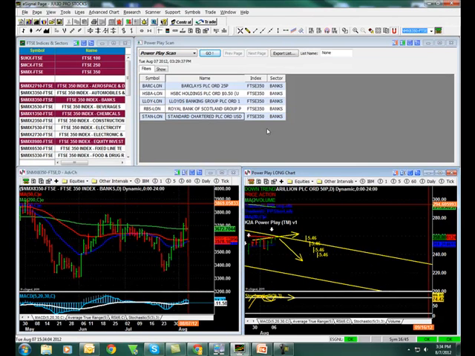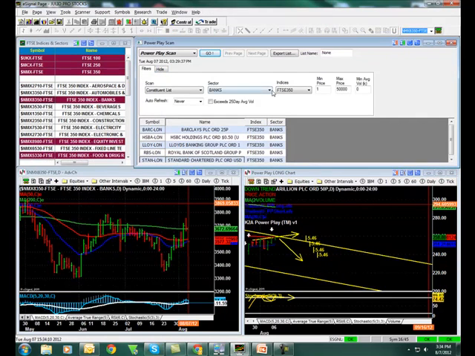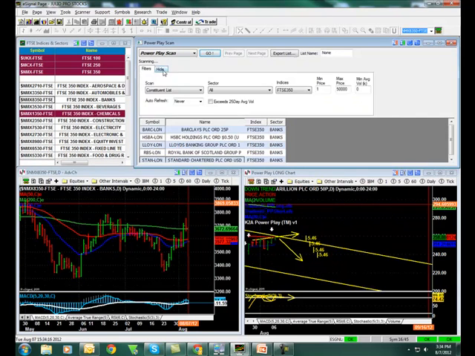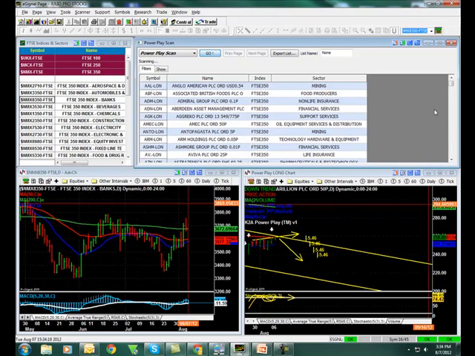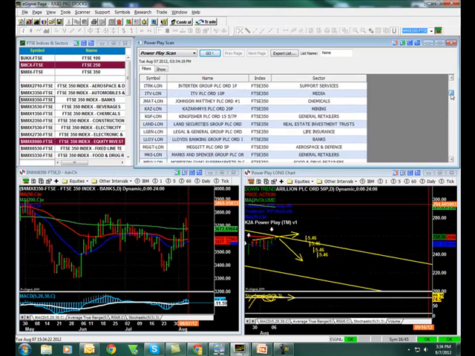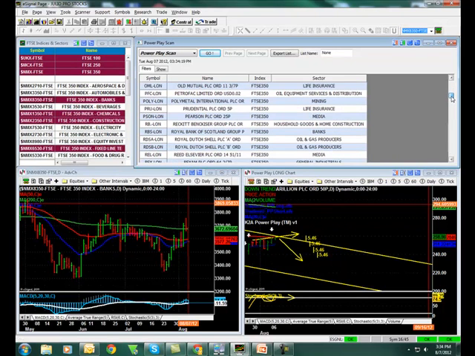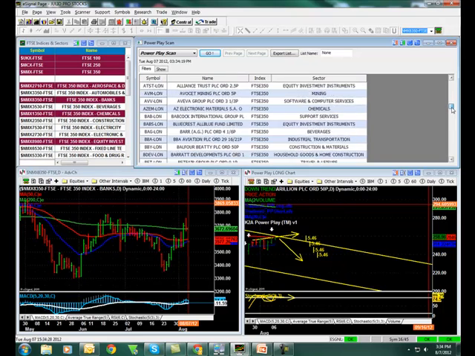The Agile was giving a really good entry. Let's go to all of them at the same time. Click on constituent list. Yeah, go. We've got all of them here. 350 stocks.